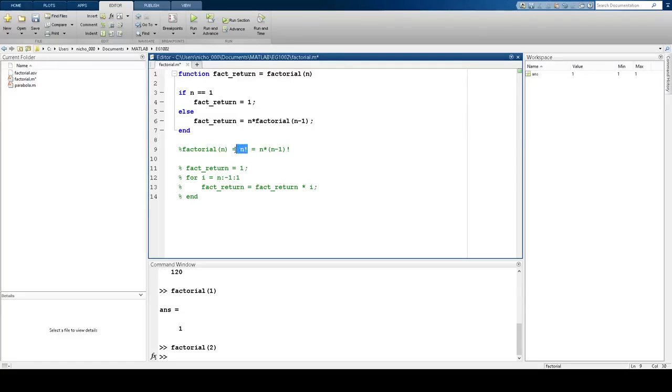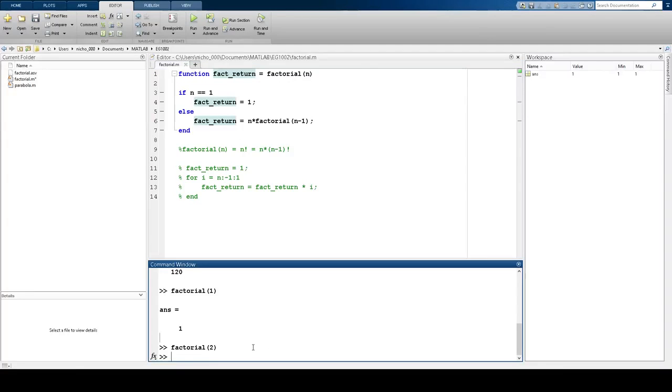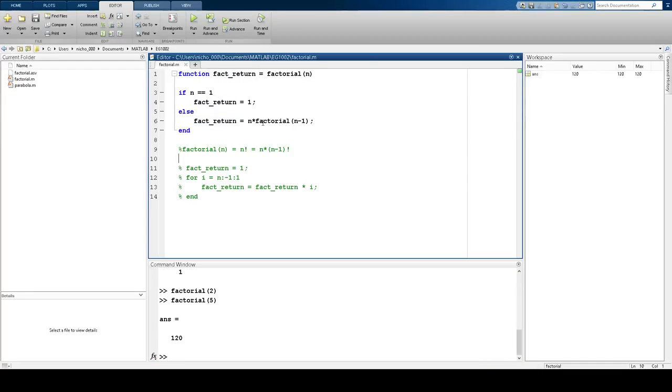So factorial of n is equal to n multiplied by n minus 1 factorial. This should now work. I'll save this and type factorial of 5. And we get 120, which is the right answer.